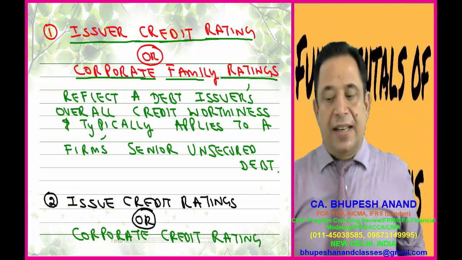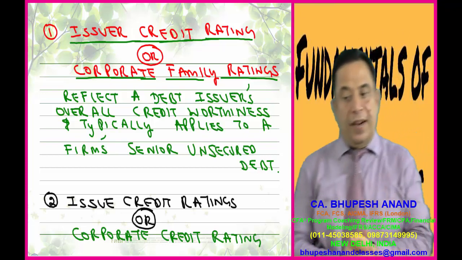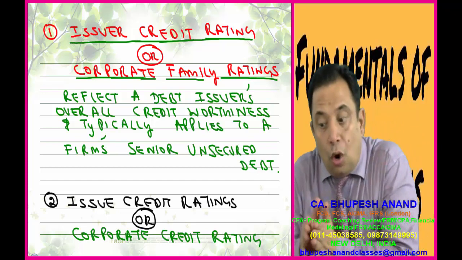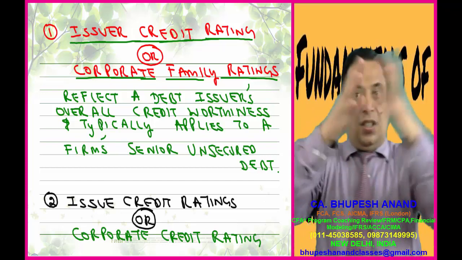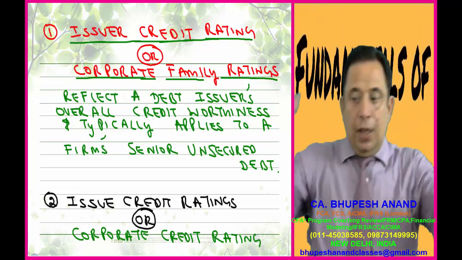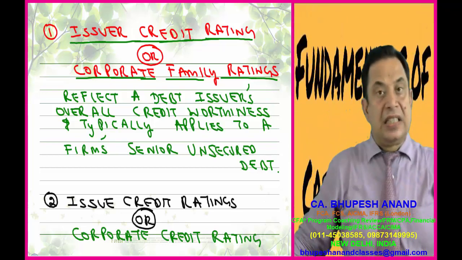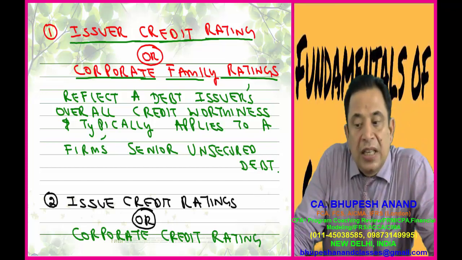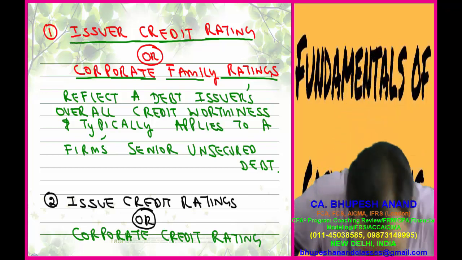The first point, please write down: issuer credit rating or corporate family rating reflects a debt issuer's overall credit worthiness. Debt issuer, who is issuing the debt, overall credit worthiness, and typically applies to a firm's senior unsecured debt.